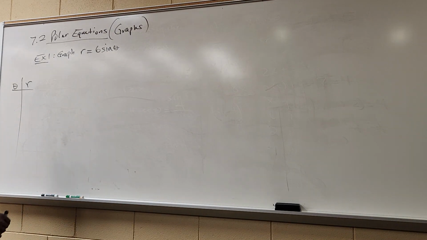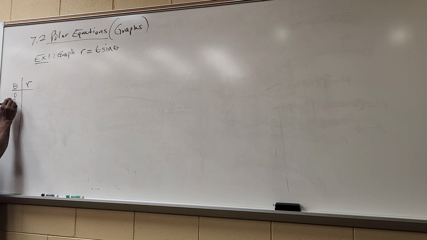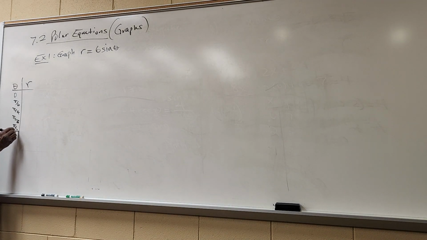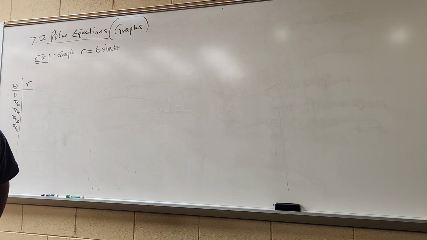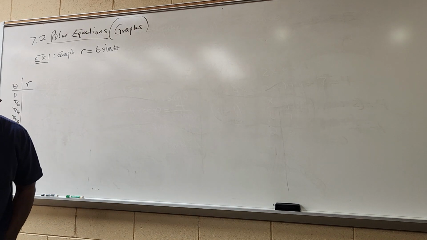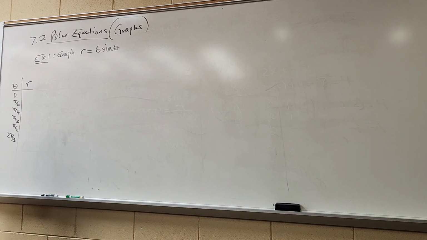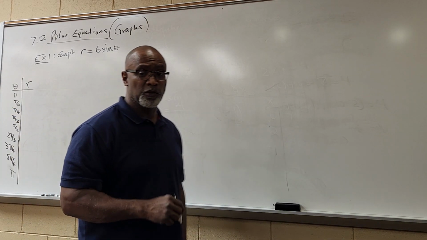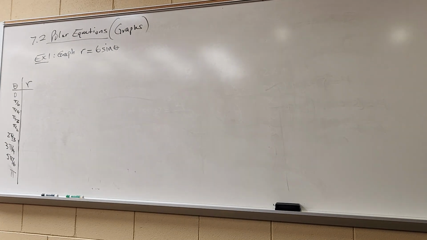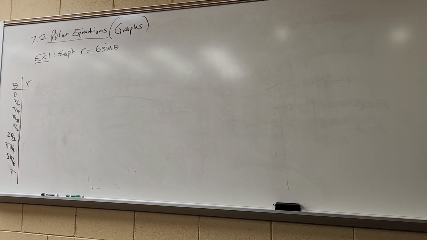Let's start with the standards: 0, pi over 6, pi over 4, pi over 3, pi over 2, and a few more: 2 pi over 3, 3 pi over 4, 5 pi over 6, pi. We're just choosing angles from our unit circle from 0 all the way around to pi.